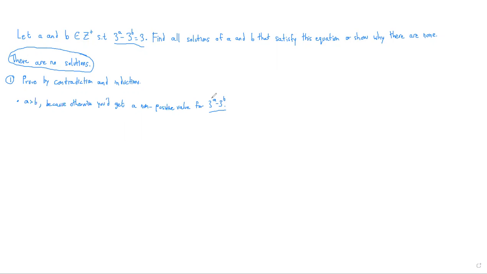And if A was equal to B, then you get 0. So it would never be positive, hence never equal 3. So A has to be strictly greater than B, assuming there is a solution to the equation.